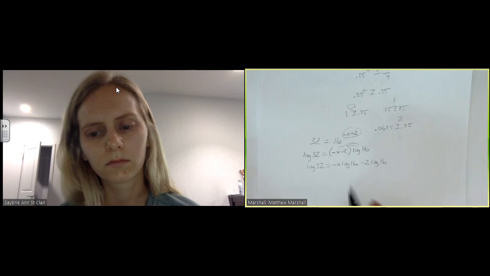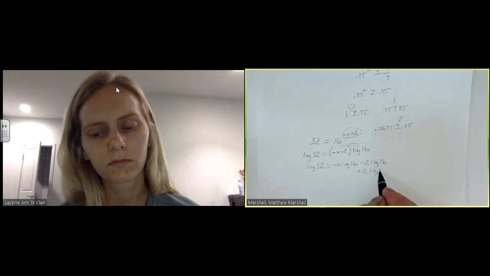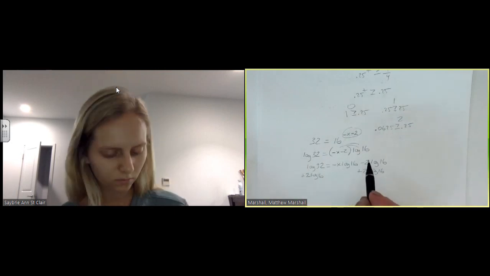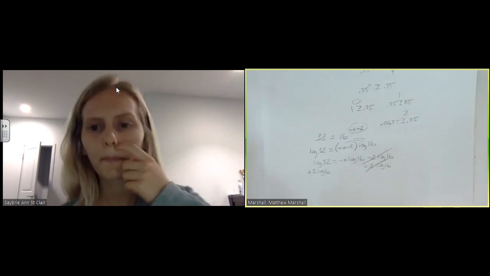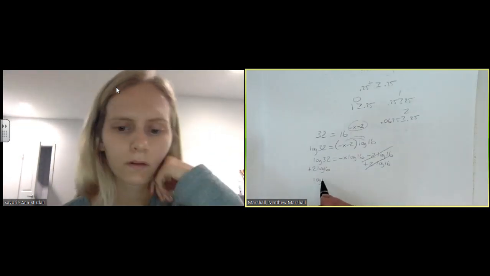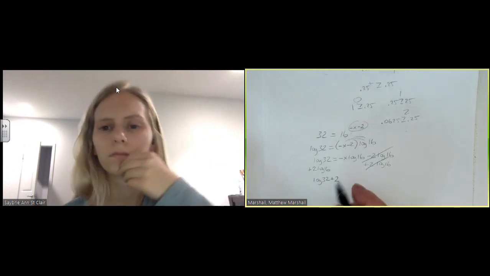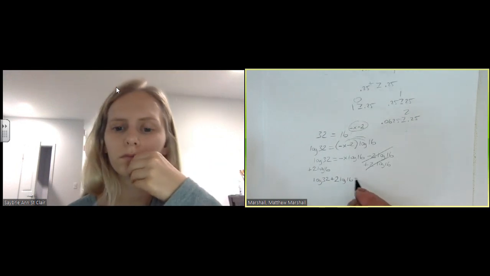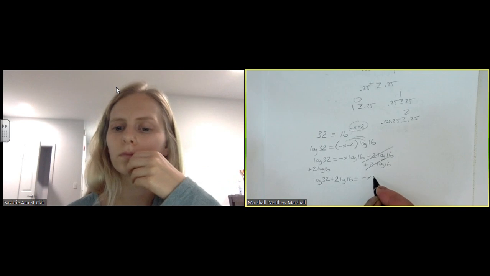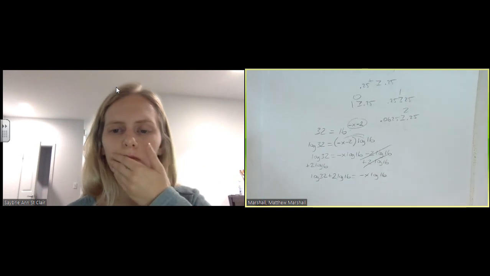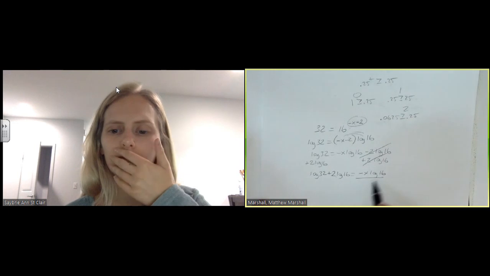I'm going to add 2 log 16. That gives me log 32 plus 2 log 16 equals negative x log 16. And to get this x by itself, I'm going to divide by negative log 16.